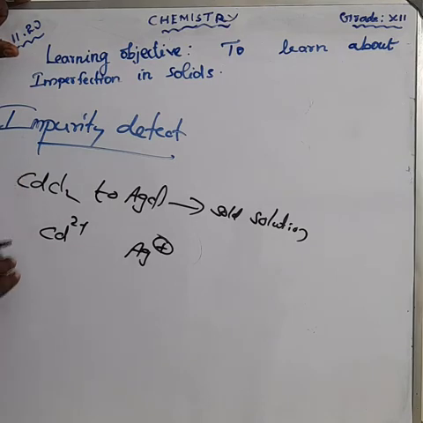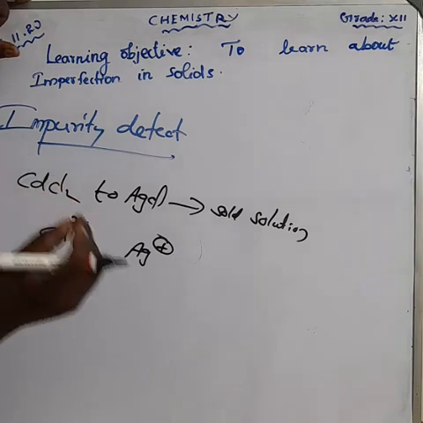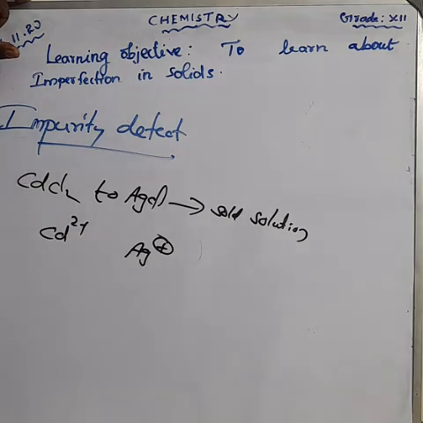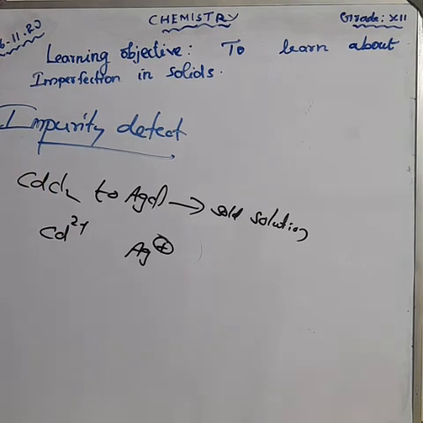In order to maintain it, the same proportional number of Ag plus ions leaves the lattice. This produces cationic vacancies in the lattice. Such a crystal lattice is called an impurity defect.